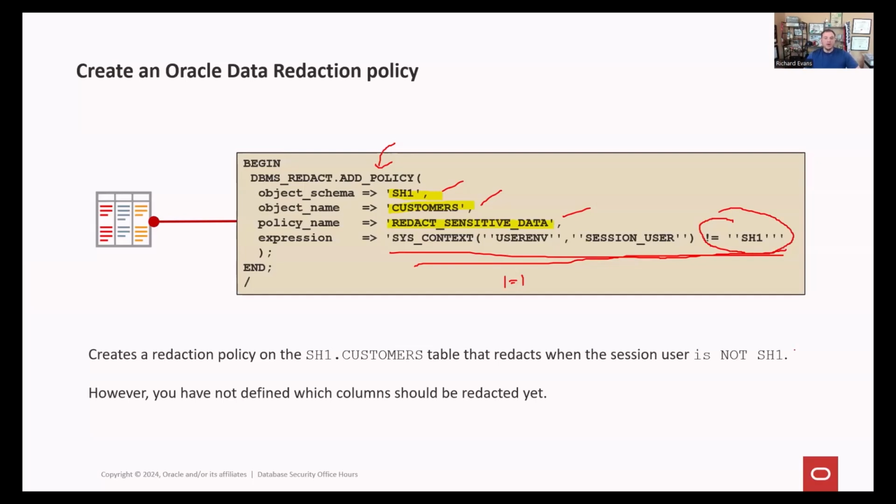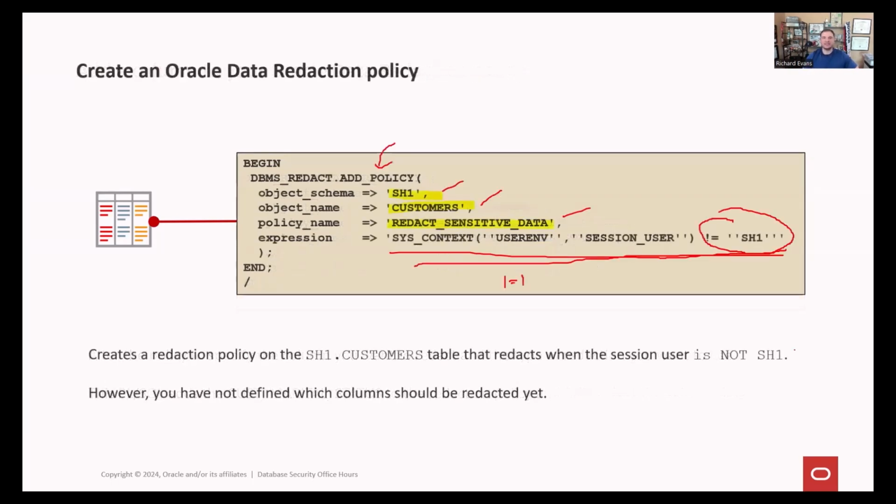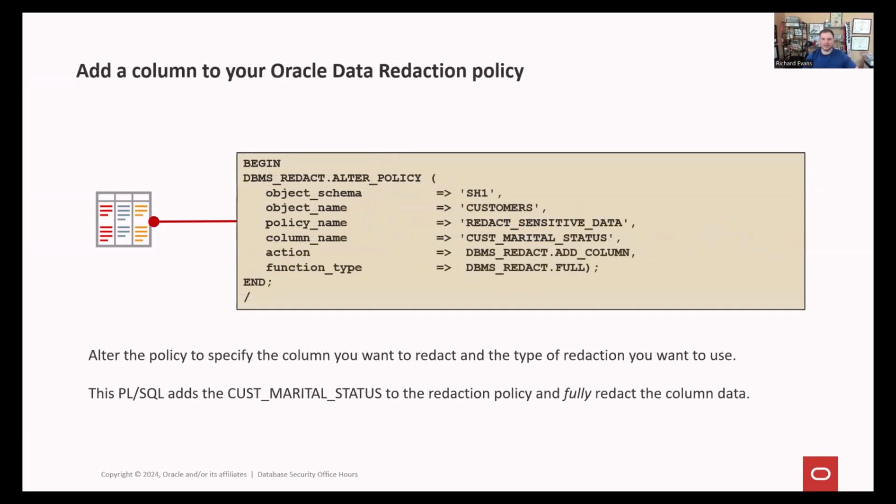Okay. Now, what we do next, and you can do this as a part of one command if you like, I like to separate it to kind of show you that there's a distinction without a difference here. You can add the policy and then add the column at the same time. I chose to alter the policy here and to say, okay, I've got my redact sensitive data policy. I'm going to add this customer marital status column to it, with this add column function.